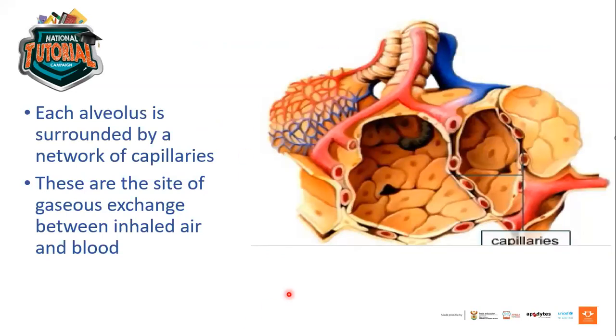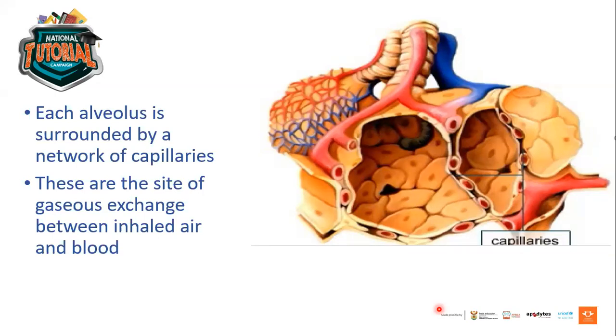Now, why are they so important? Each alveolus is surrounded by a network of capillaries. You see here at the bulges, it's surrounded by this network of capillaries, as you can see. This here, the capillaries and the alveolus, is the site of gaseous exchange. Between what?